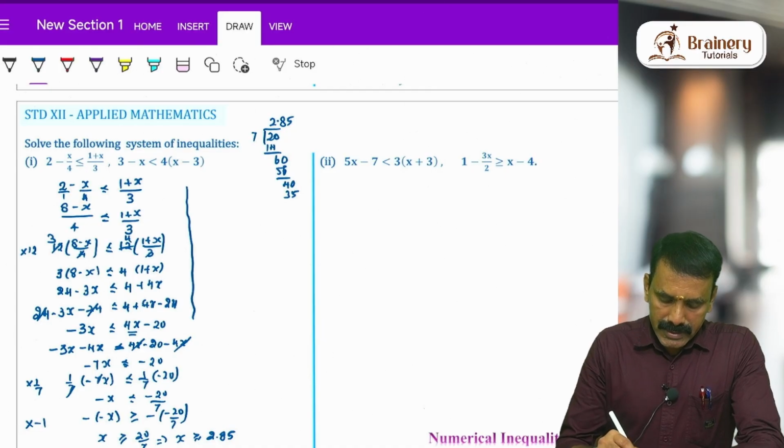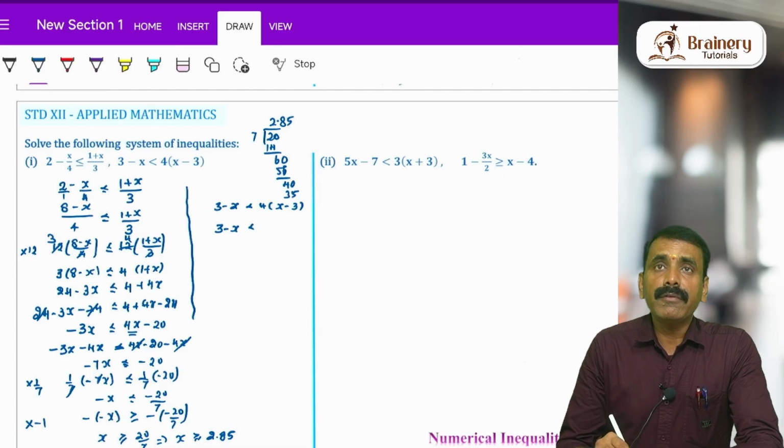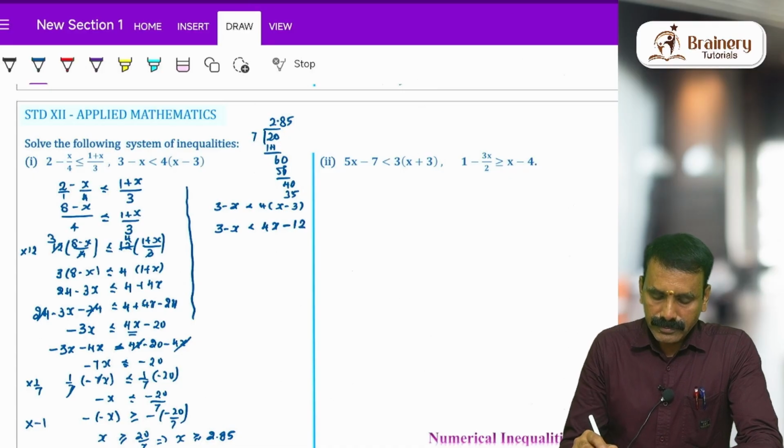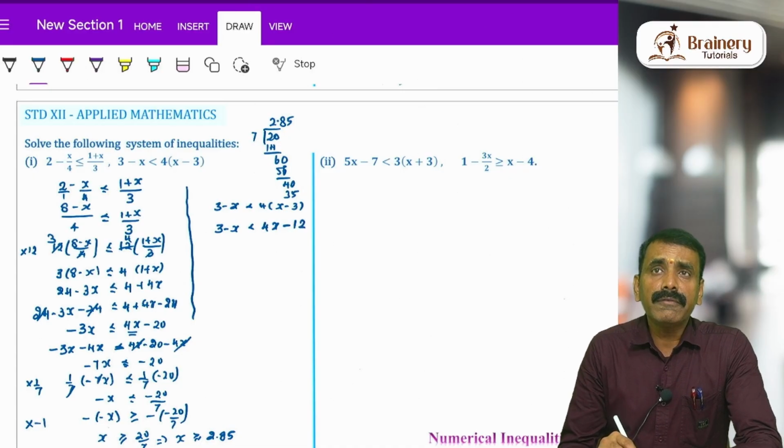Now consider the second inequality. The second inequality is 3 minus x less than 4 into (x minus 3). So we simplify. 3 minus x less than, we multiply 4 inside, so it is 4x minus 12. We try to remove that 3 on the left hand side.